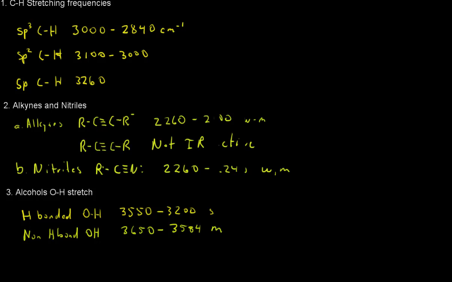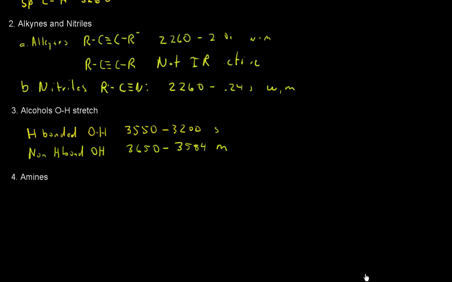So closely related to alcohols are amines. They also hydrogen bond, and they also absorb in a very similar region. Simple primary amines absorb in this region, and with primary amines you get two absorptions that are sharper and not as strong as alcohols.